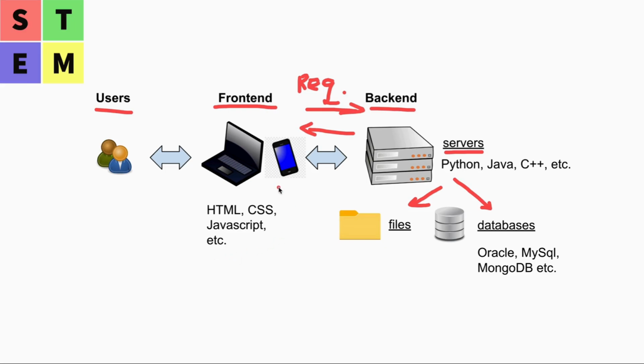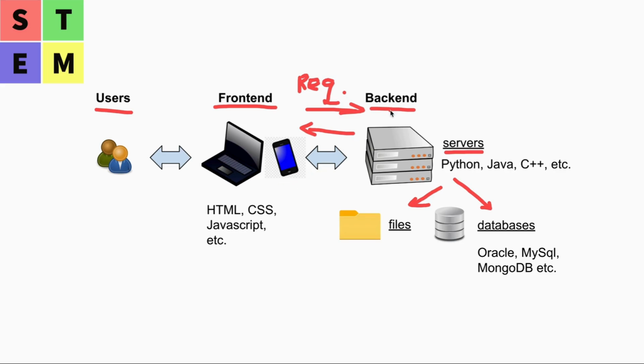And for the phones, as we all know, we've got the iOS system or the Android system, so there are different types of code that we need to program for those phones.